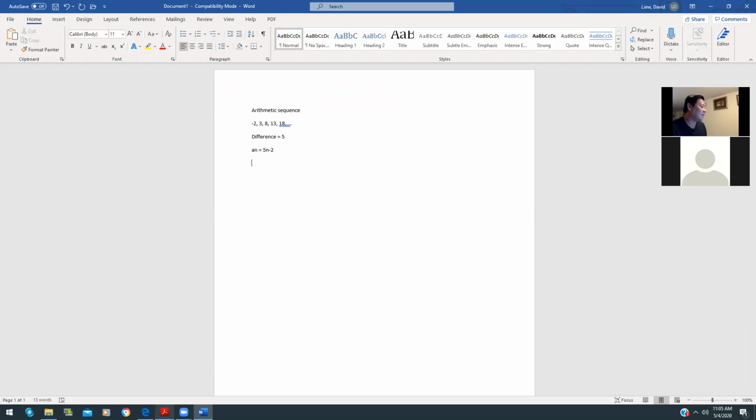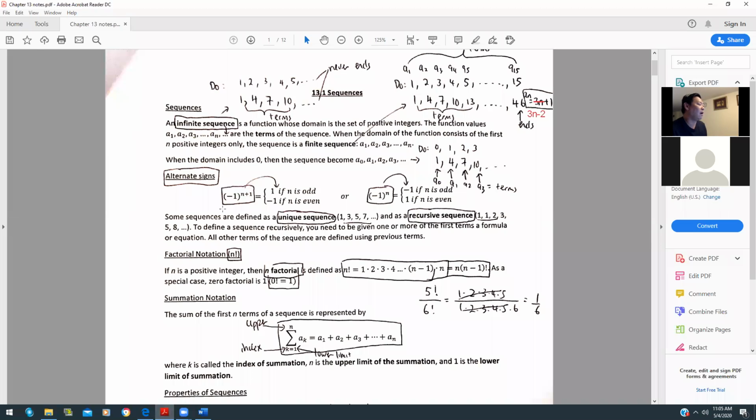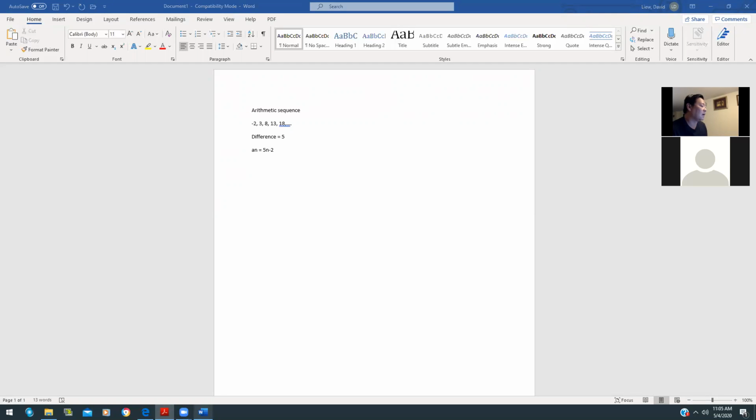So how does a_n work with changing signs? Say you have a sequence something like 2 over 5, then 4 over 6, where one is plus and one is minus, and then 8 over 7, and then negative 16 over 8.